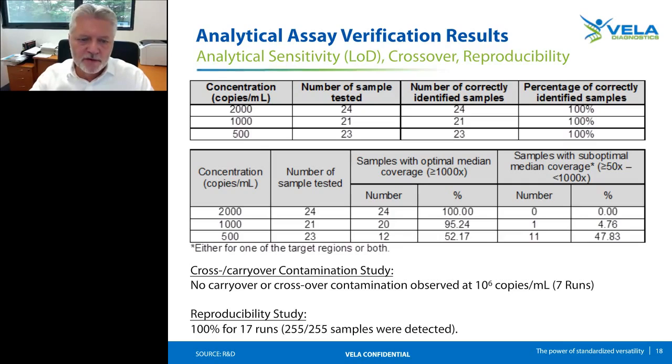When you go here, samples with suboptimal median coverage, meaning 50 to 1,000, you see a little bit of a drop at the level of 1,000 copies by 5%, and a higher one at 500. So we're recommending in our assay a threshold LOD of 1,000 copies per milliliter. You can actually lower, but the statistical significance or reliability then decreases.